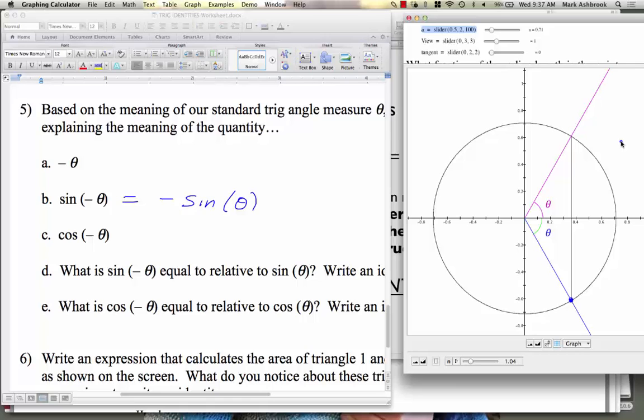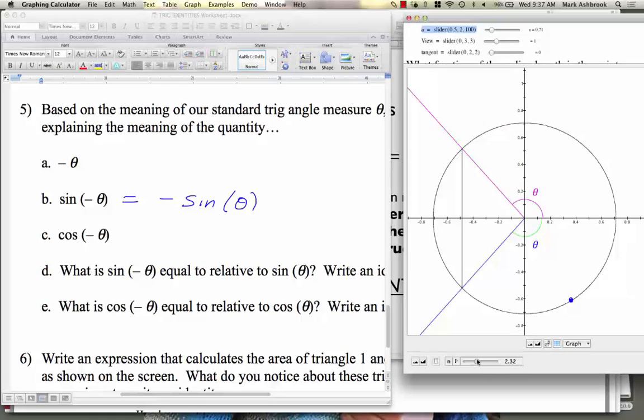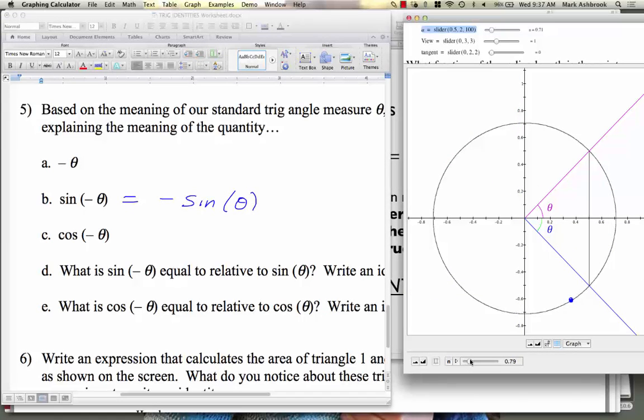Okay, what about cosine? How would the cosine of the two angles compare? Equal and opposite? So right here, what's the cosine of theta? Here's our terminal point. Cosine of theta would mean what?